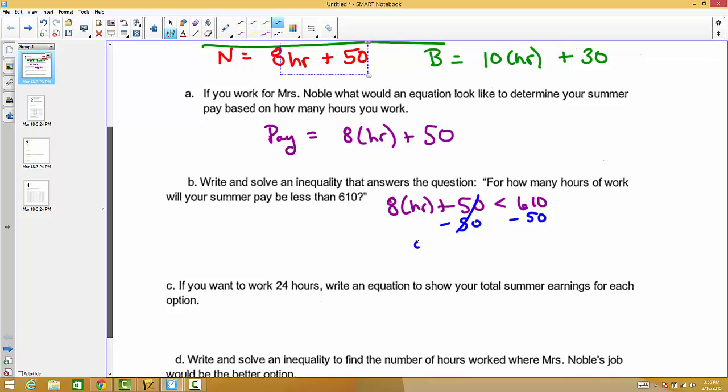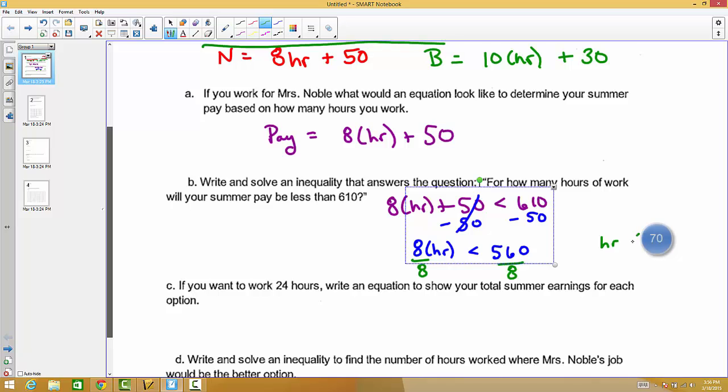So we have 8 hours is less than 560. And then you need to get the word hours alone. So you're going to divide by 8. So the hours would be less than 70. So that's for Mrs. Noble.